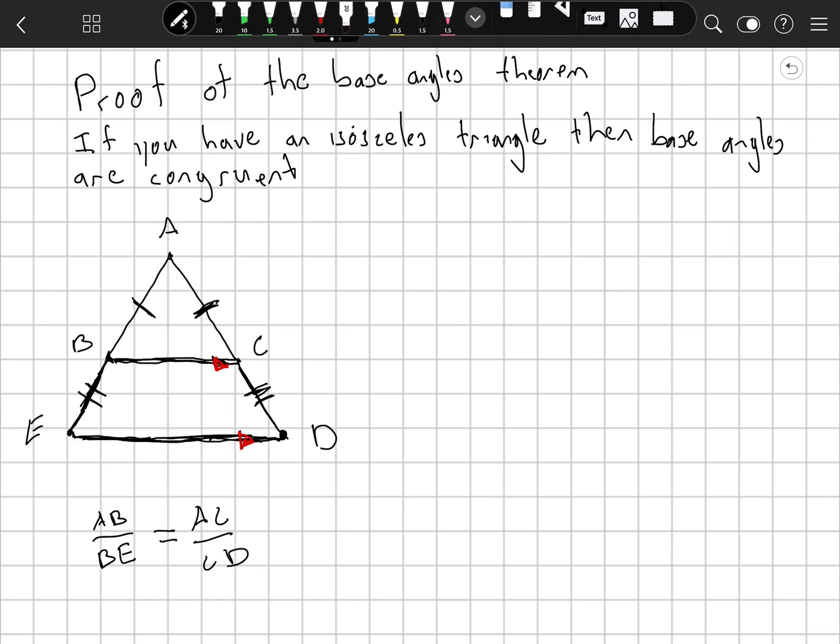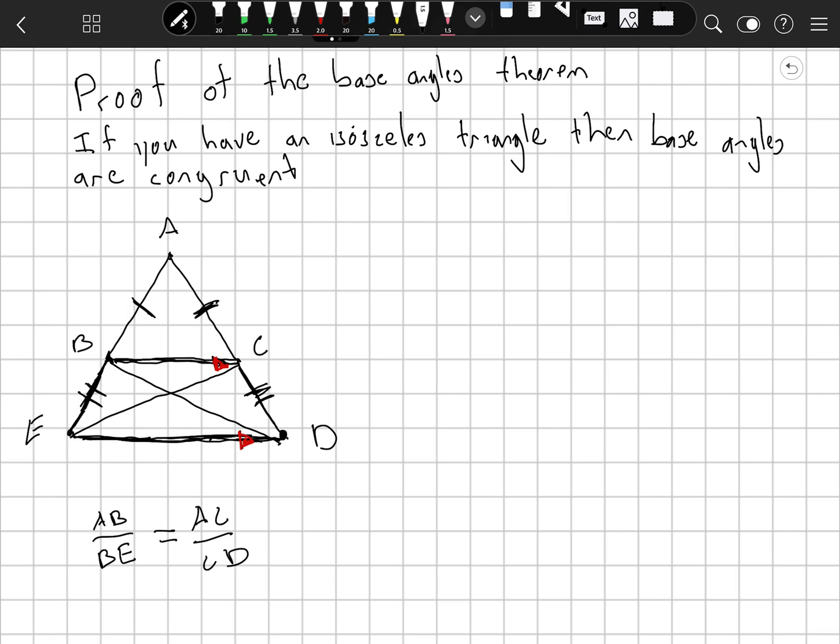Okay, let's take a look at maybe one more thing. I've got from B to D and from C to E. These are diagonals of a quadrilateral. Well, what kind of quadrilateral are we speaking about here? If we have a pair of parallel lines and the opposite sides are congruent, we're talking about an isosceles trapezoid.